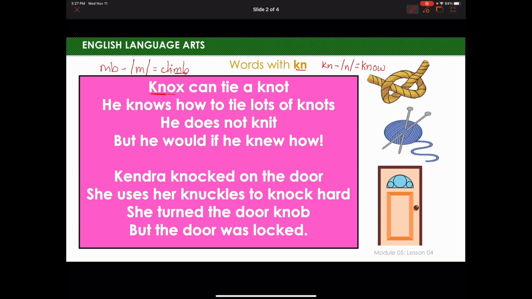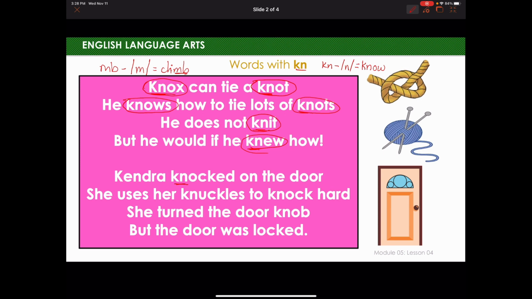Knox can tie a knot. I'm going to circle those words because they have the KN in there. He knows how to tie lots of knots. He does not knit, but he would if he knew how.